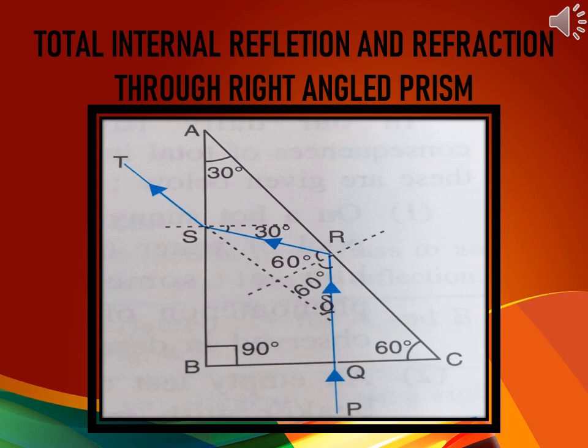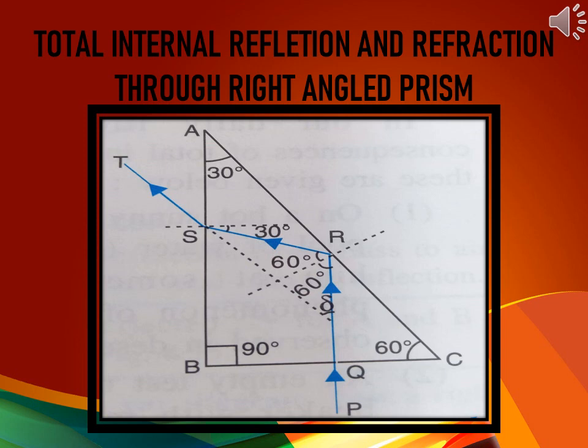The ray RS obtained after total internal reflection is incident at the face AB of the prism at an angle of incidence equal to 30 degree. This angle of incidence at glass-air interface is less than the critical angle.